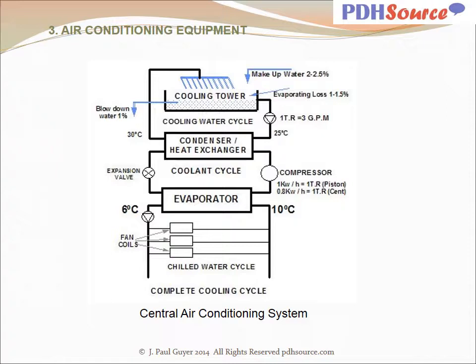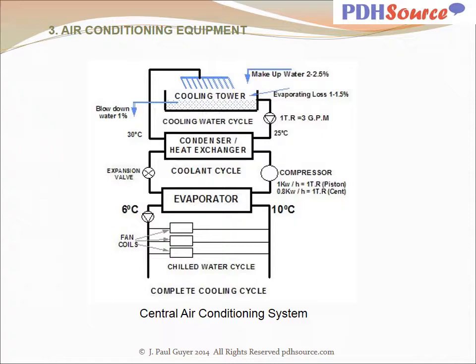It is pumped in pipes around the occupied spaces, and throughout the occupied spaces are a series of what in essence are small air handlers that contain a fan and a chilled water coil. This chilled water is pushed by the pump into the fan coil units.